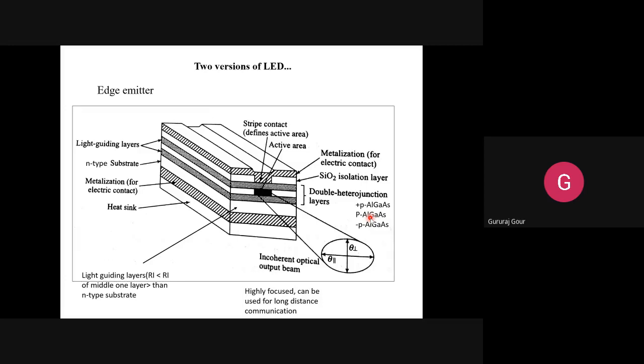Later, that is going to lead to the carrier confinement, and later optical confinement will be taken care of by these light guiding layers. So how well this recombination is happening is going to decide the coherency or radiance of the emitted light from the LED.